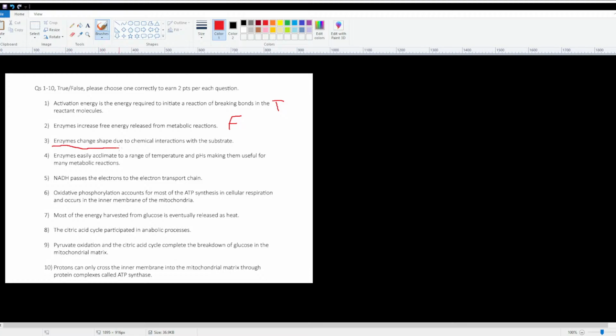So, enzymes change shape due to chemical interactions with the substrate. That is absolutely correct. So let's see. I'm going to look up a little. Ah, yes, here we go. This is perfect.